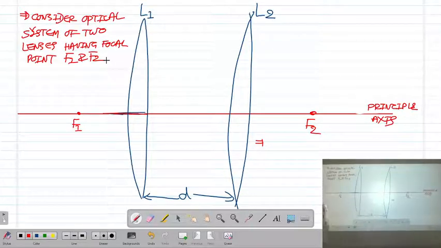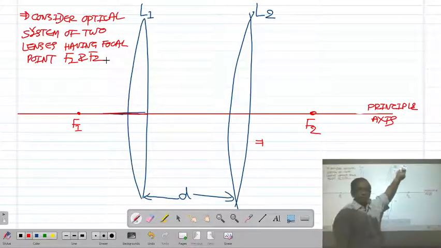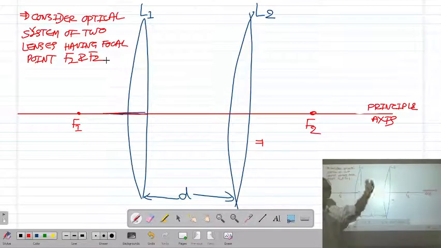So let us consider an optical system consisting of two lenses L1 and L2 separated by distance d, having focal points F1 and F2.